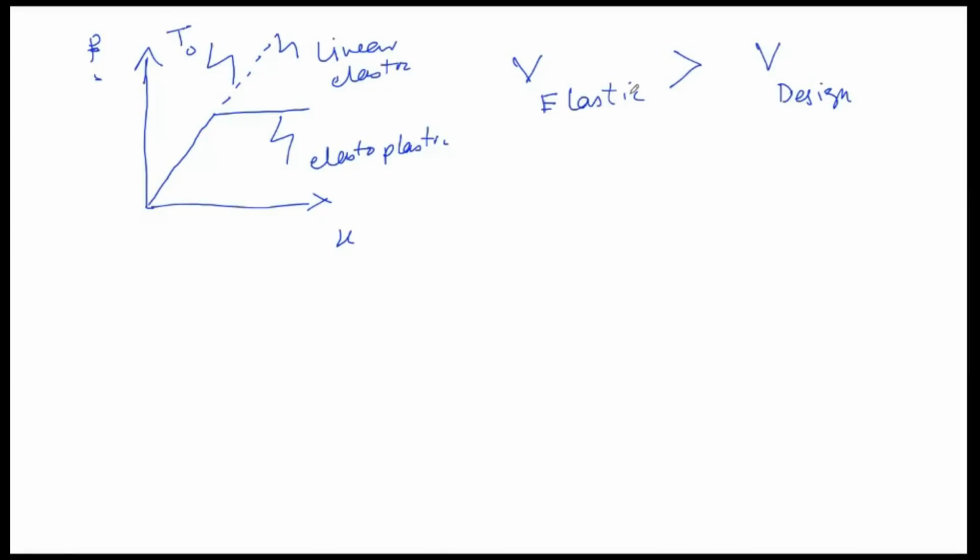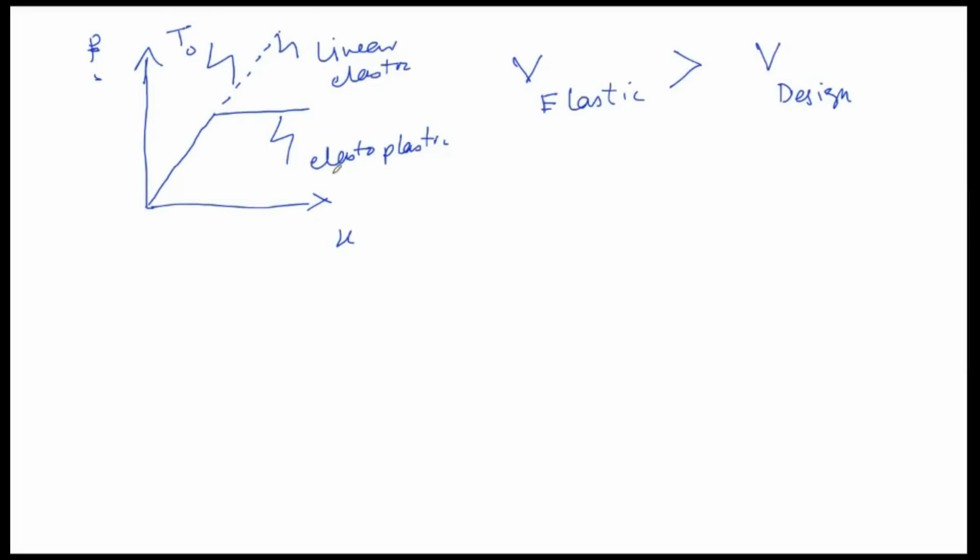So whenever you design a structure for a force less than the V elastic it would experience in an earthquake if the system were entirely behaving elastically, then obviously, when the demand is more than V design, it will cause the system to behave inelastically. There will always be a behavior represented by the actual force deformation behavior of the system.